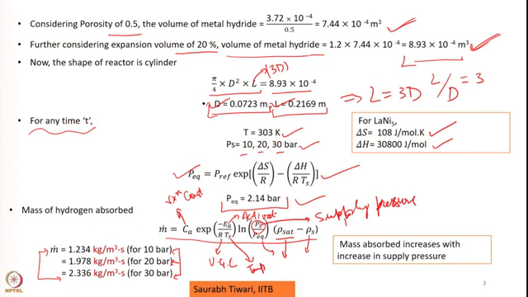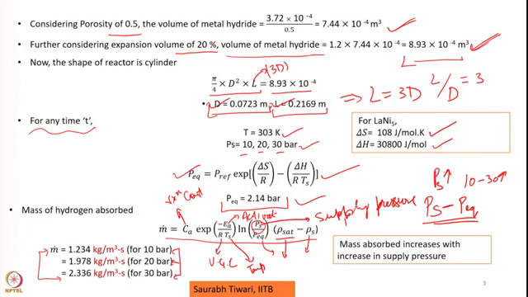From here we have seen that when the supply pressure is increasing from 10 to 30 bar, our rate of mass of hydrogen absorbed is also increasing. Why is this happening? In the last lecture I told you that supply pressure minus equilibrium pressure of the metal hydride is the main driving force.